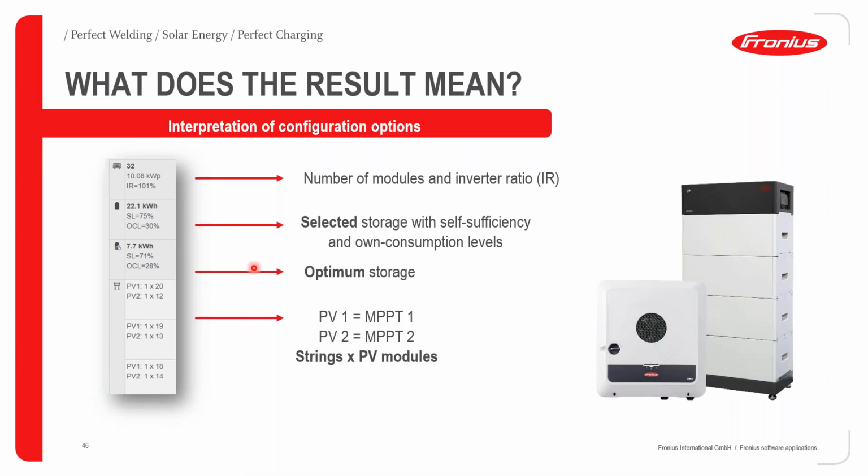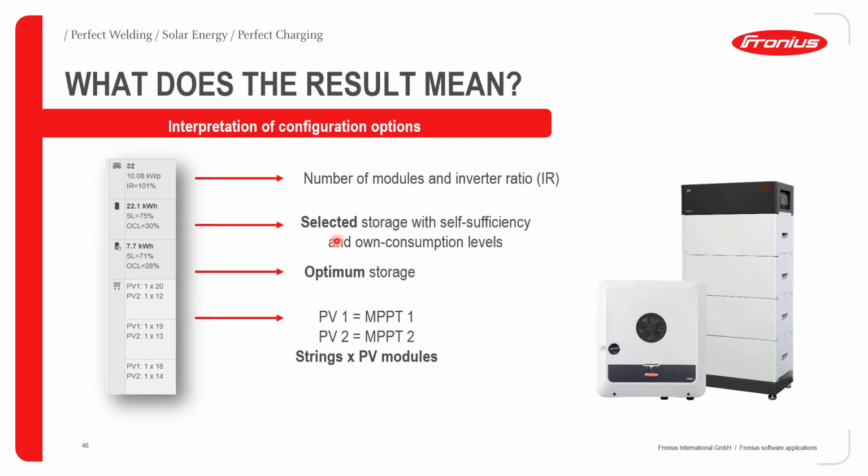In interpretation, this tells you the number of modules that you'll be needing with respect to the inverter ratio. By the way, inverter ratio is basically the ratio of the module capacity in wattage over the inverter capacity in wattage. So that's basically it.